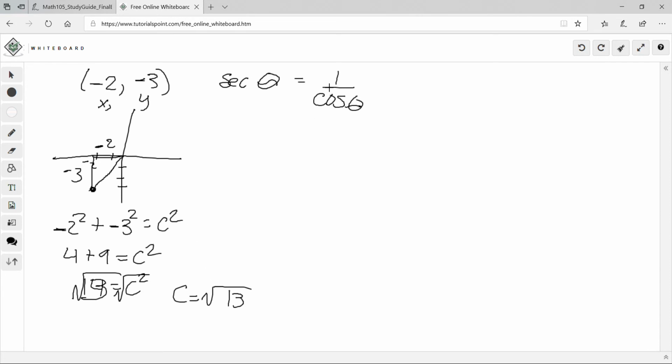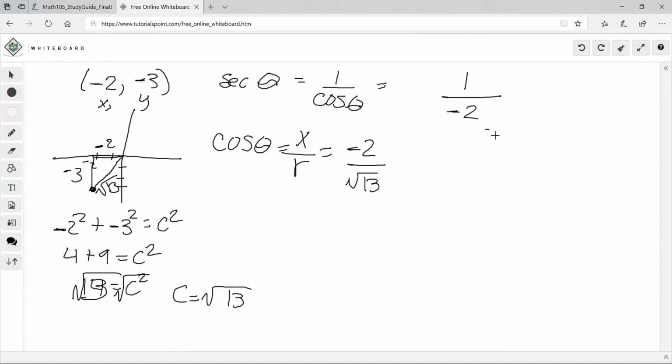Now we can find secant. First we have to find cosine theta. Cosine theta is x over radius. So our x value is -2, and our radius is square root of 13. So secant is 1 over cosine, which is 1 over -2 over square root of 13. This is a compound fraction, so this one has an invisible 1.